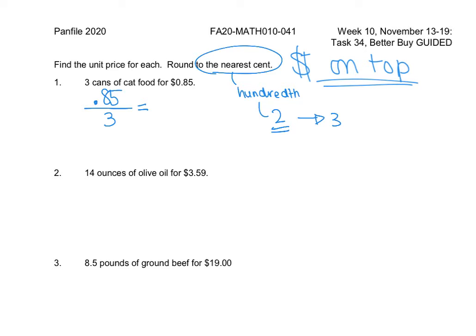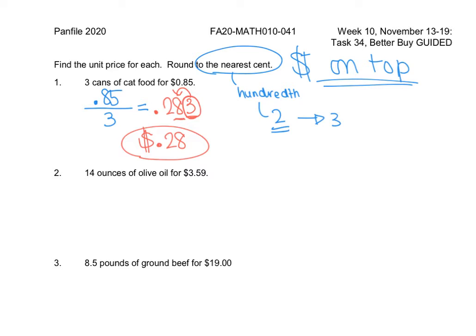So 0.85 divided by 3, I get 0.283. So the 3 we're rounding to here makes the 8 do nothing, so it's 0.28. So 1 can of cat food is 28 cents.